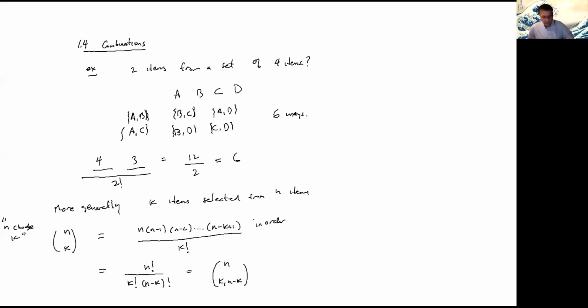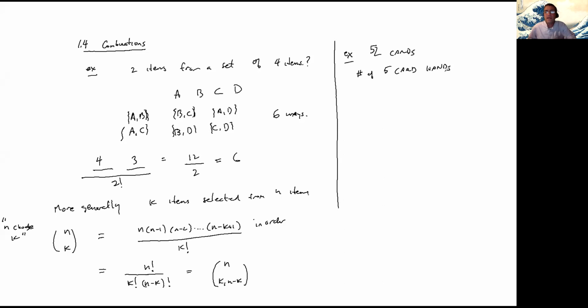So I think I'll end this lecture for now with a single example, and we'll do some more examples next time. Suppose I consider a deck of 52 cards, standard cards. How many ways can I deal out a 5-card hand? The number of 5-card hands.